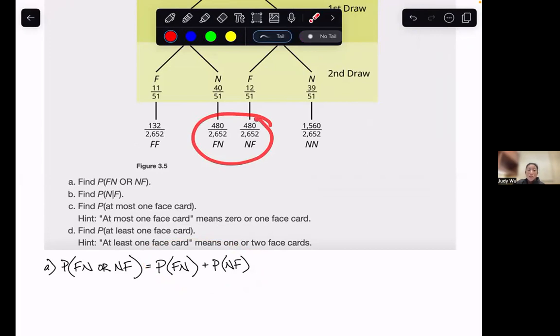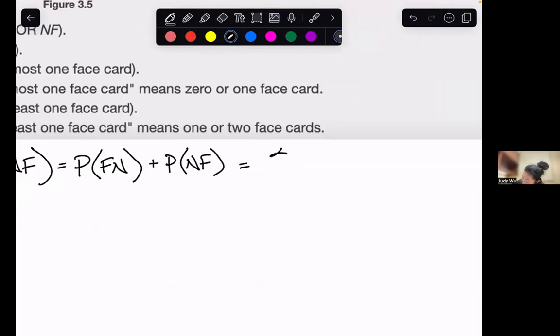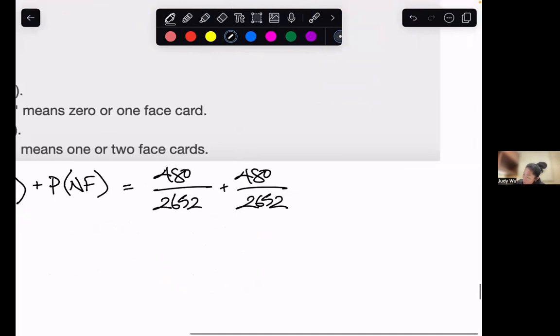So 480 over 2652 plus 480 over 2652. And just a friendly reminder, when we add our fractions, we add the tops, but we keep the bottoms the same.